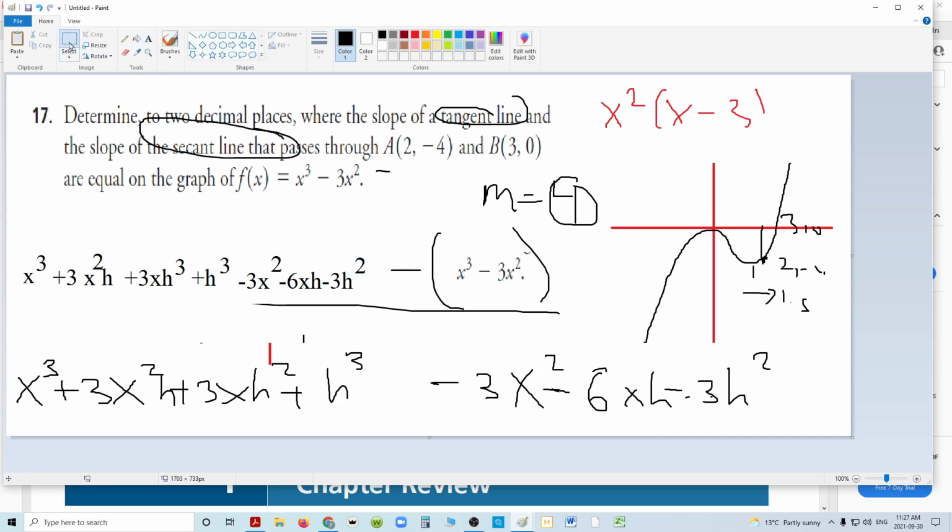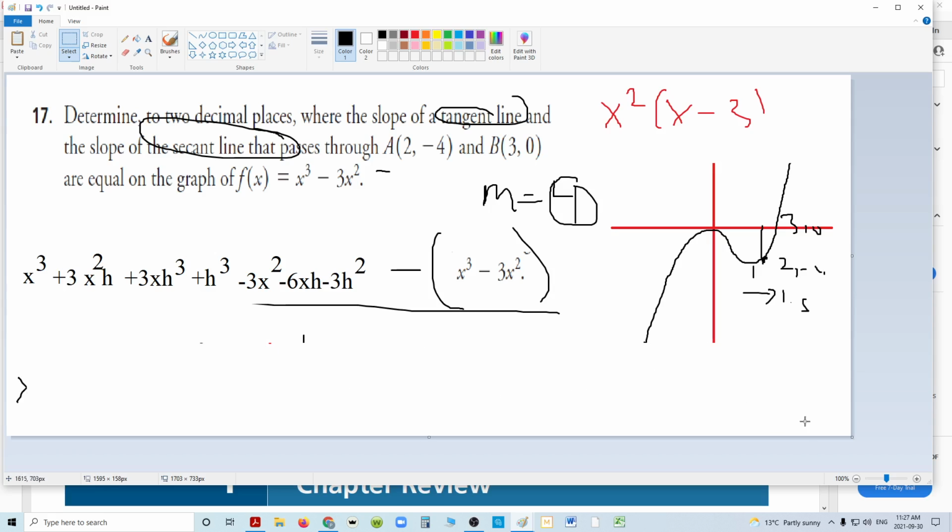Now we can get rid of this stuff. Now what does this come out to? We get a minus 3x cubed and a plus 3x squared. Let's see if we have any like terms. I have x cubed minus x cubed.